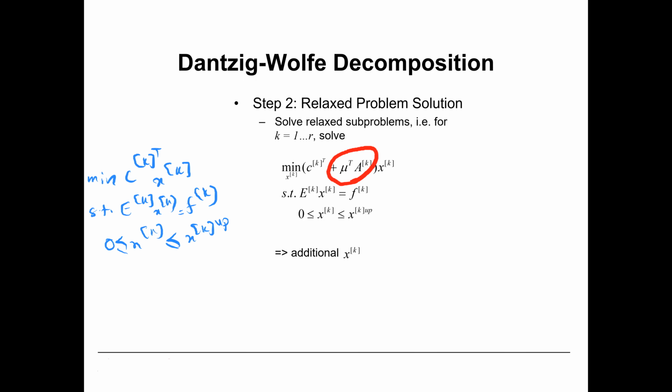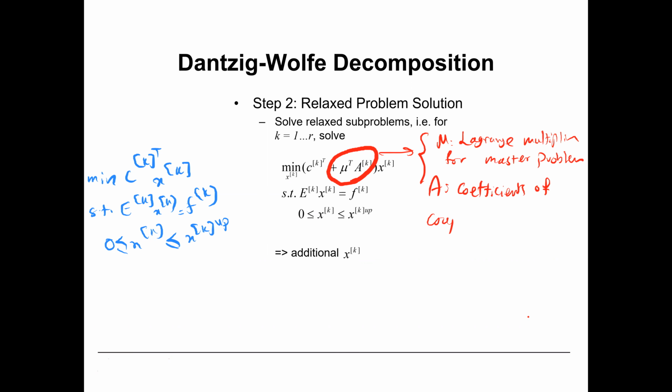What are the components of this new term? Mu is the Lagrange multipliers from our master problem, and A is the coefficients of the coupling constraint, right?